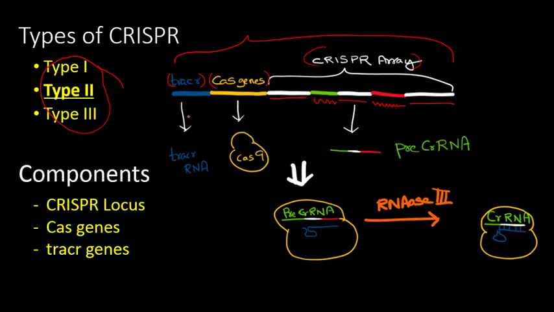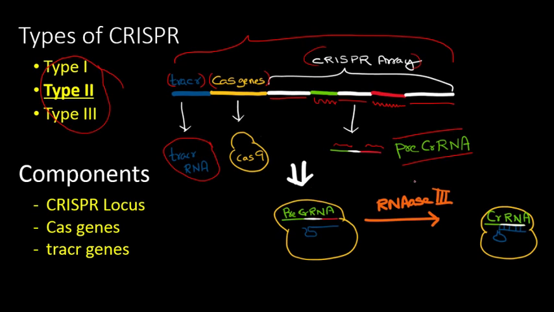The tracer genes code for the tracer RNA, and the Cas genes code for a protein called Cas9, and the CRISPR array codes for pre-CRISPR RNA or pre-crRNA. This pre-crRNA has the repeats and also several of the unique sequences of the viral genome.